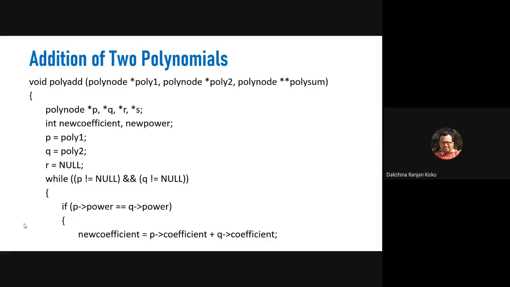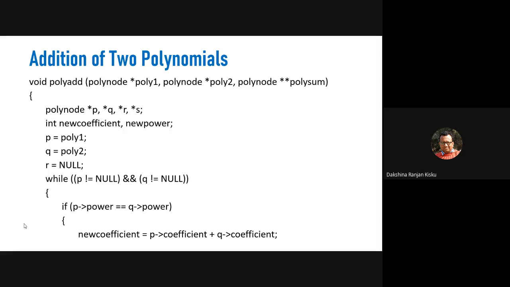Now we keep another check, which will check whether the exponent part is equal for the first non-zero term of the first polynomial and the first non-zero term of the second polynomial.